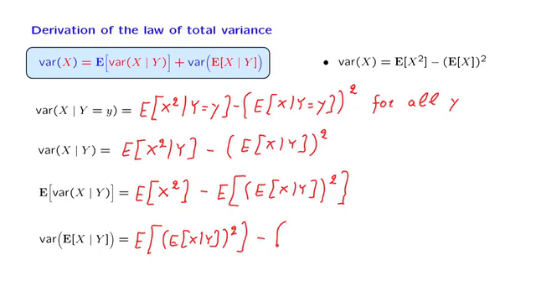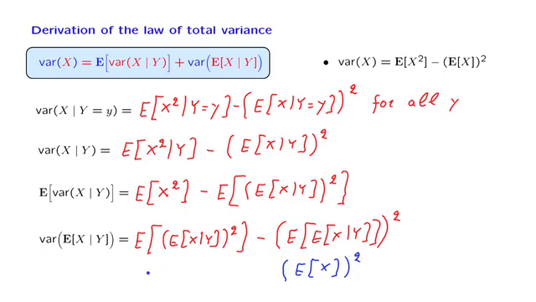And the second term involves the expected value of the random variable whose variance we're considering. So it's the expected value of this random variable, so it's the expected value of the conditional expectation. And everything gets squared. What is this term? By the law of iterated expectations, the expected value of a conditional expectation is the same as the unconditional expectation. So this last term here is of this form.